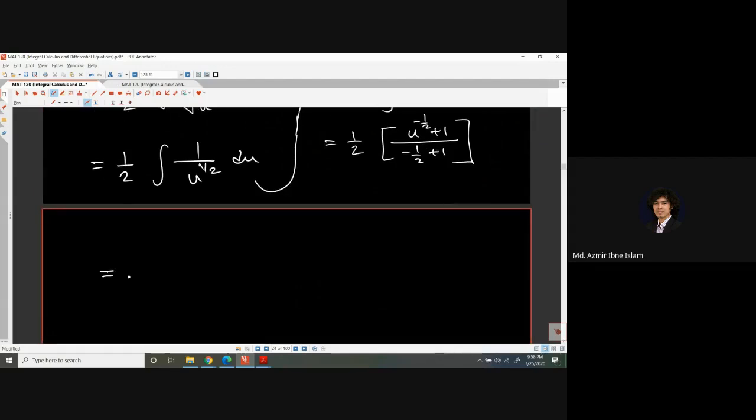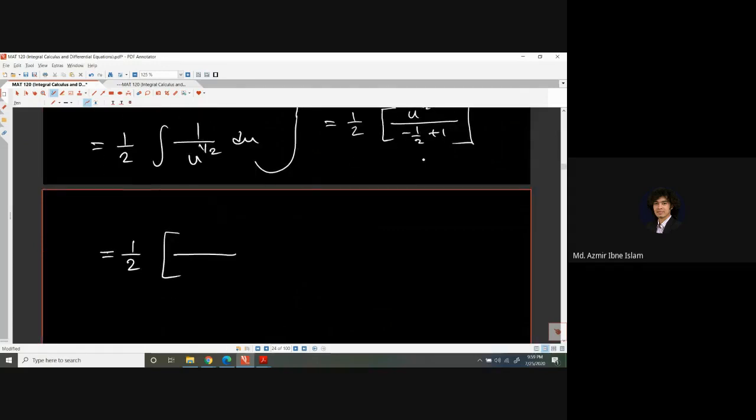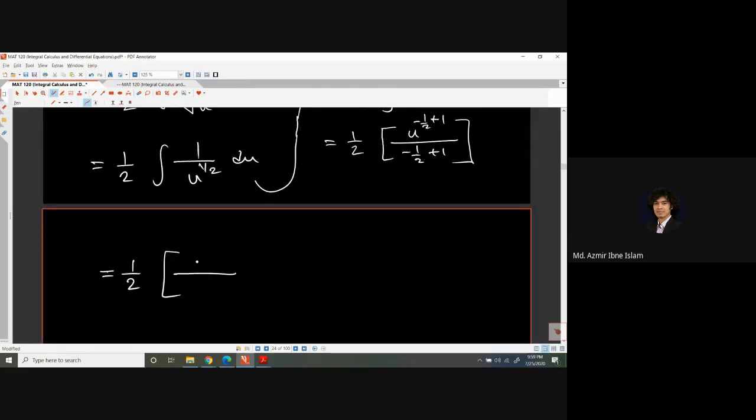So here 1 by 2, we can write, it will be negative 1 by 2 plus 1. Okay, so here we have u to the power 1 by 2. That means negative 1 by 2 plus 1 is actually 1 by 2.